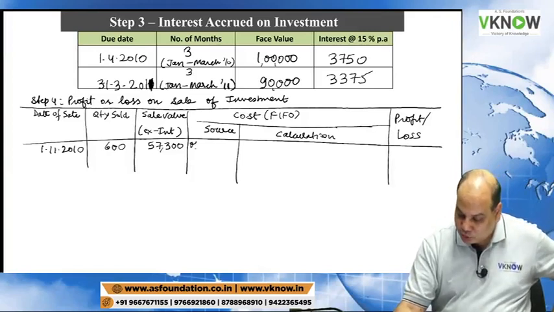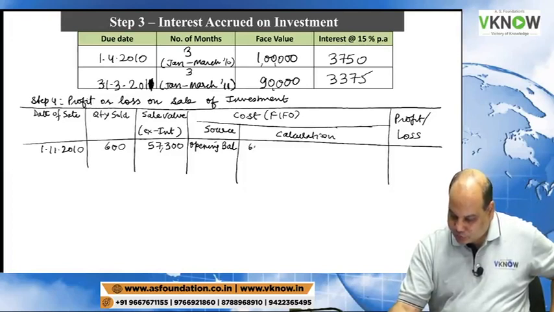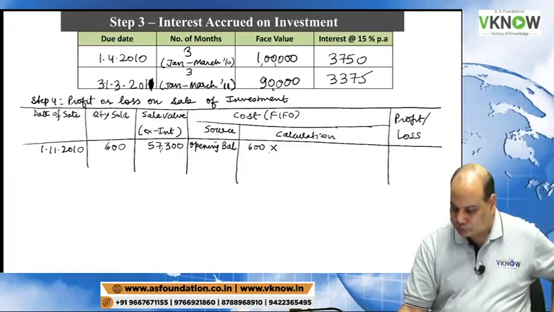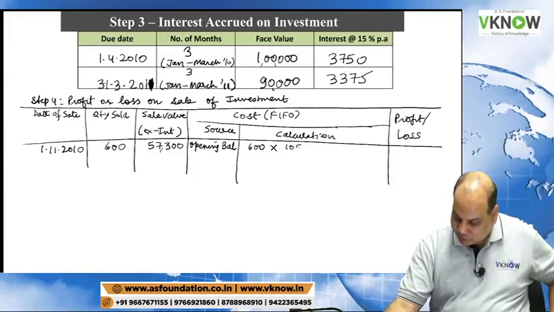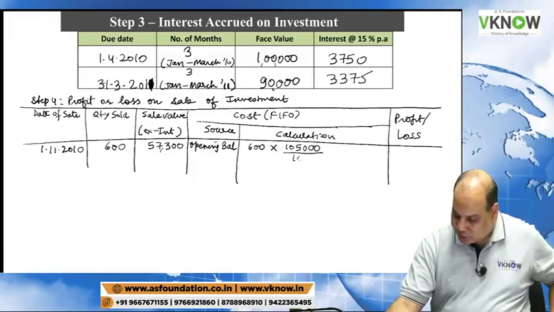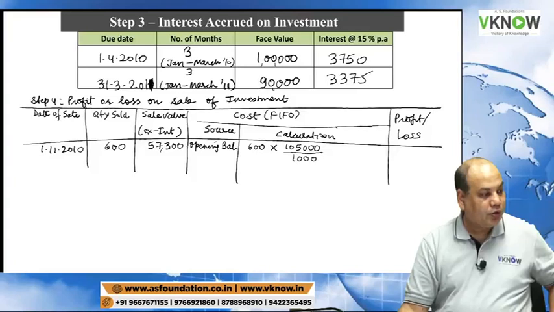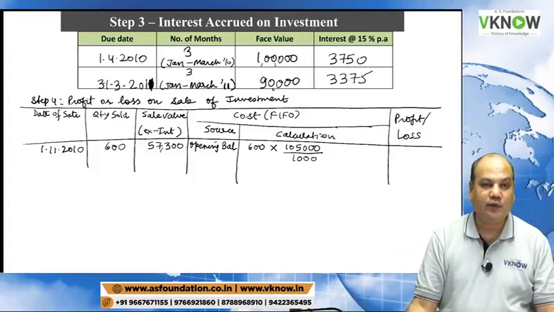Source will be opening balance. So 600 into opening balance cost: opening quantity is 1,000 and opening total cost is 1,05,000.